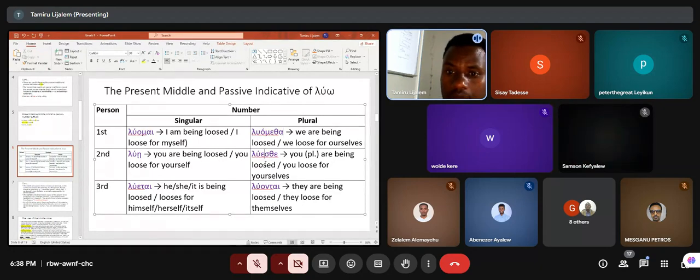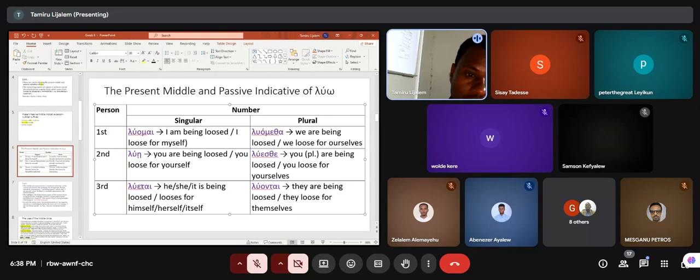This one is pronounced as este. This one is a plural form of the second person. You are being loosed, you loose for yourselves. And third person singular, we look at tai. This one is epsilon, the connecting vowel, the zero morpheme or the neuter morpheme.